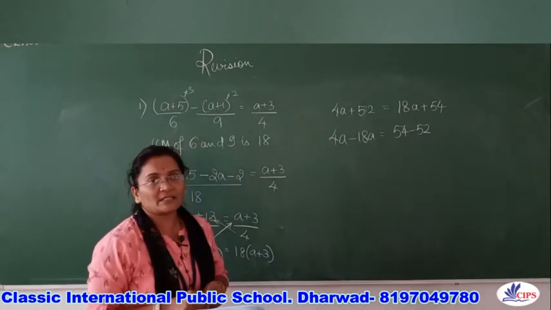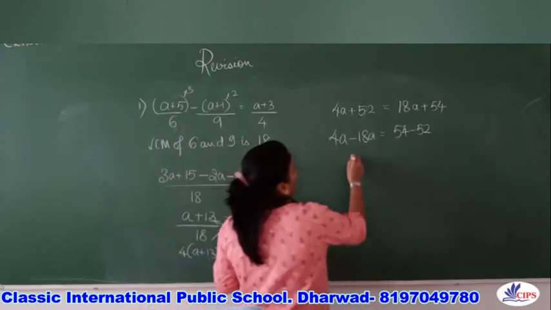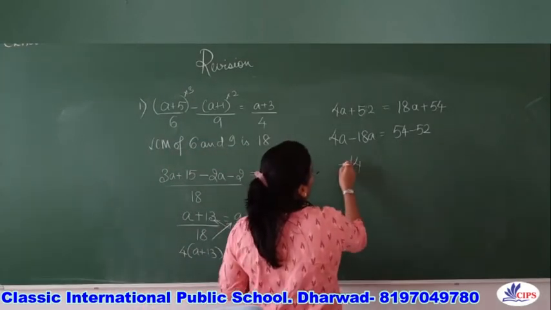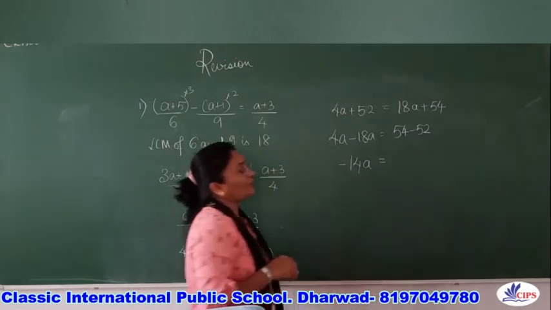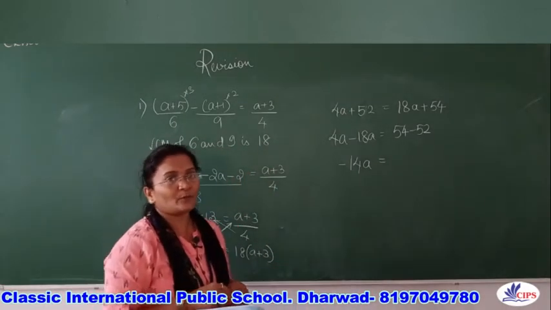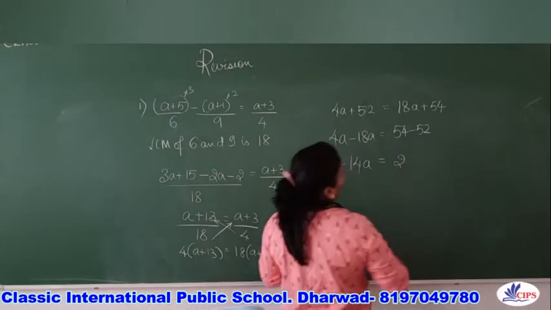What is 4a minus 18a? 18 minus 4 is 14, and as 18 is greater, it has a minus sign, so I'll write minus 14a. And 54 minus 52 is 2.